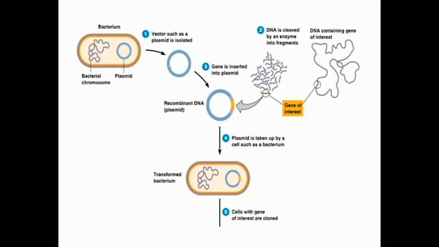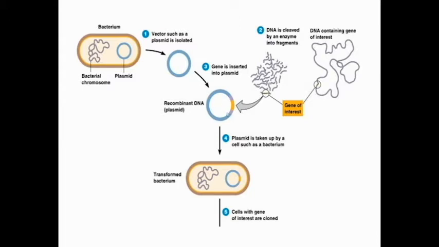So we use this plasmid as the vector, and we introduce this piece of sequence into the vector, and this procedure is called cloning. All right, and then you produce this recombinant DNA plasmid.